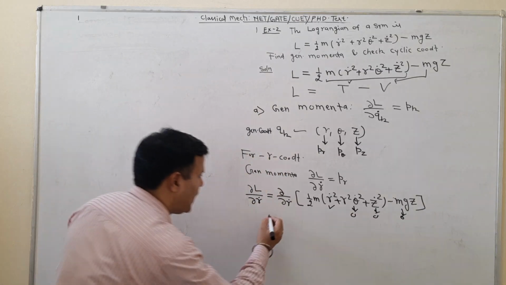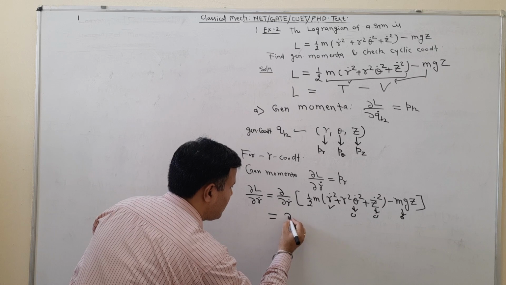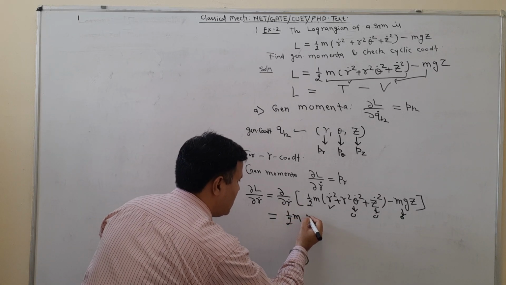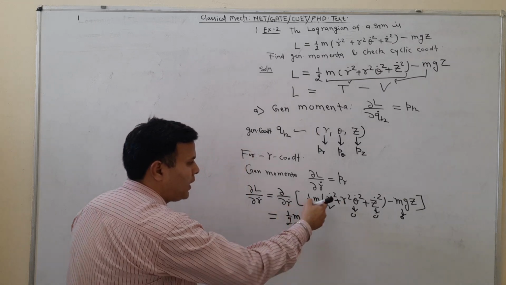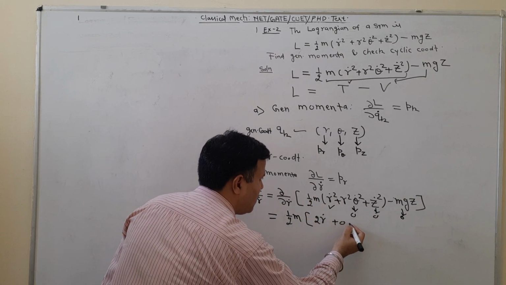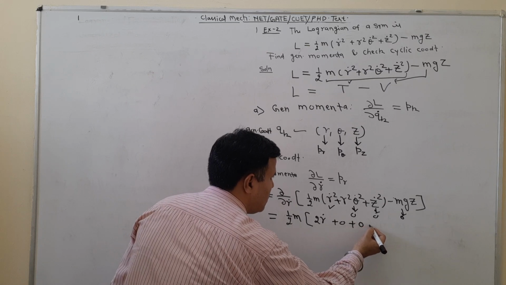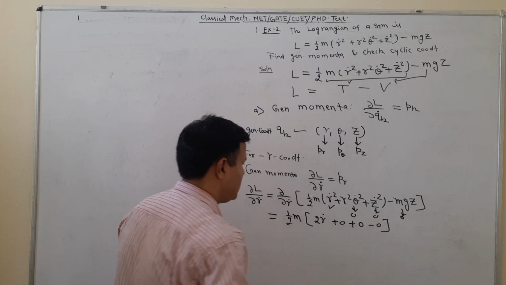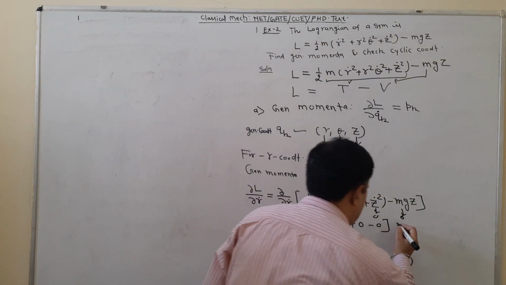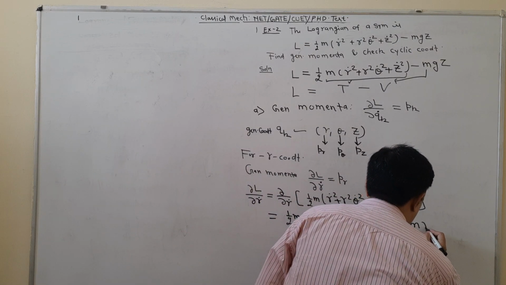So let me take the 1/2 m outside. Del L upon del r dot: this gives 2r dot, the other terms give 0, z dot term is also 0, and the last one is also 0. This 2 will cancel out, and we have simply m r dot.